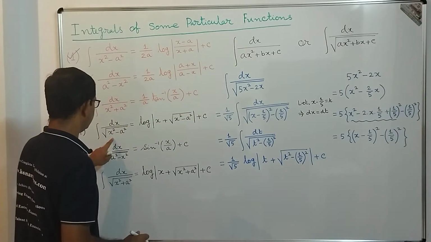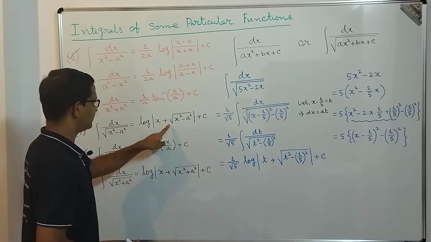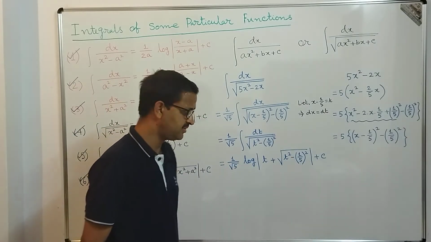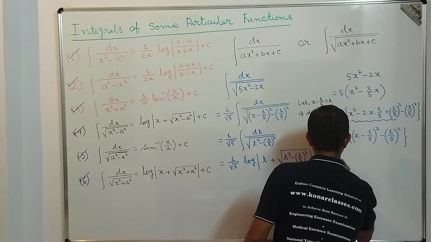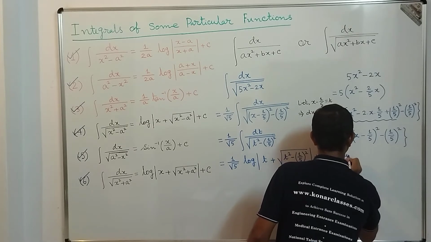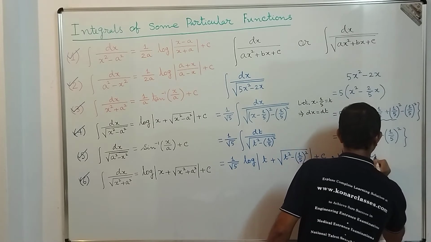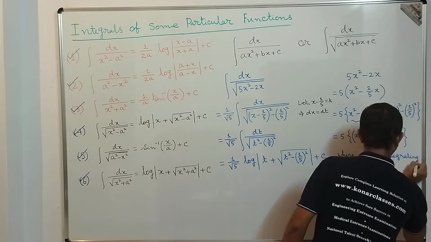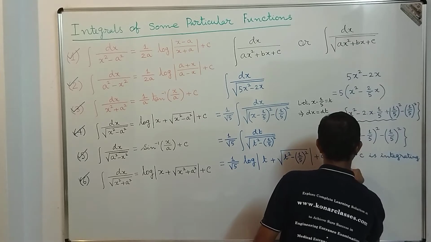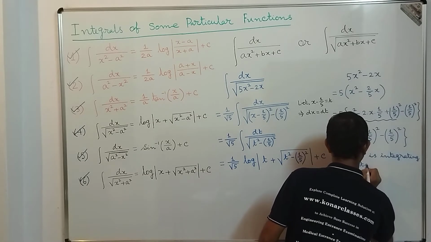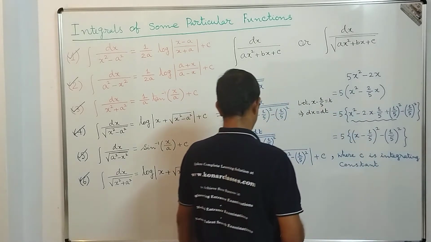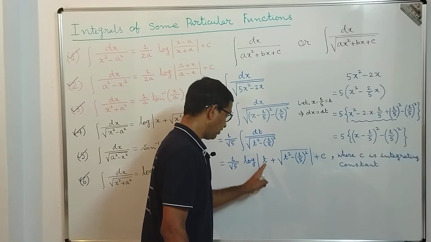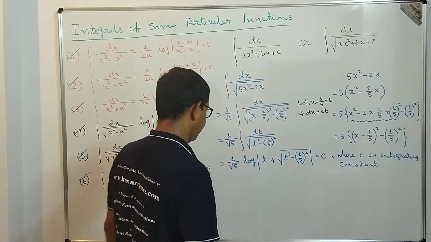This form, log of mod x plus square root of x square minus a square, exactly this we have done in terms of t, plus c, where c is the integrating constant. Now what we need to do is replace the value of t, which is equal to x minus 1 by 5.